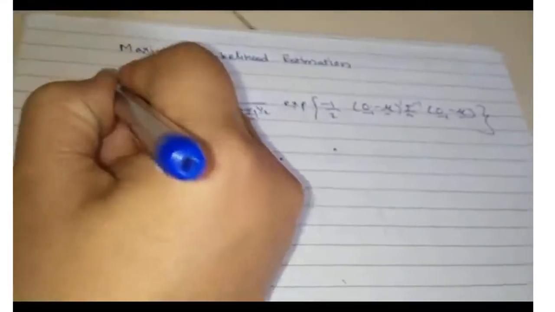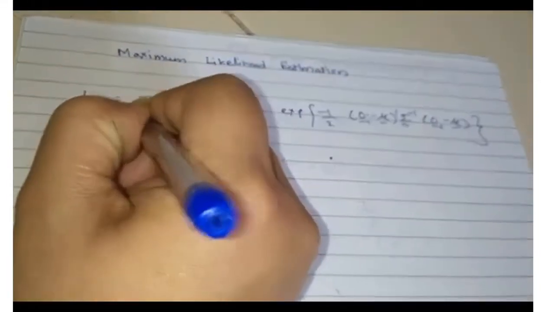So my likelihood is the product over i going from 1 to n of this.